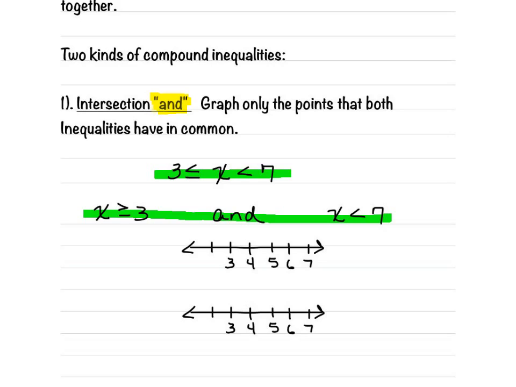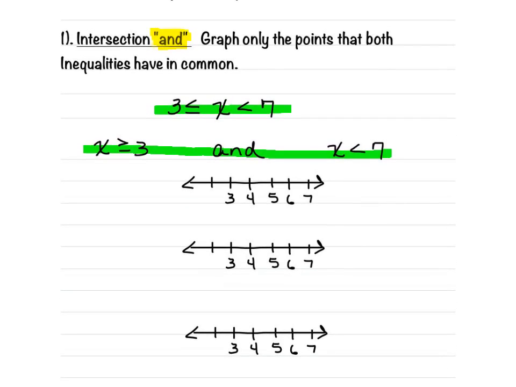I want to take a moment to show you how these intersection compound inequalities are graphed. On this graph, I'm going to graph the first inequality, which is x is greater than or equal to 3.